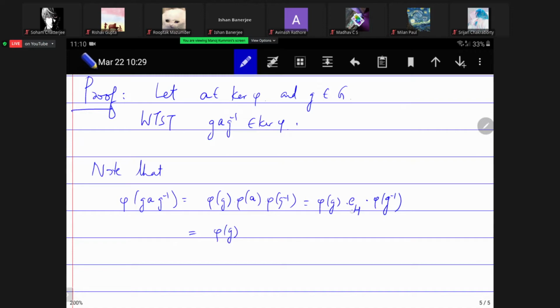Because this is identity, we can remove it. Therefore, G A G inverse is inside the kernel of phi.